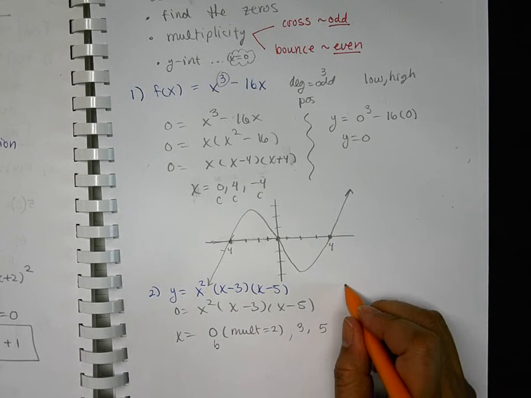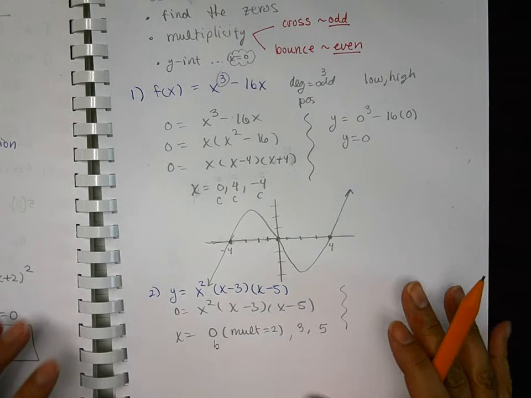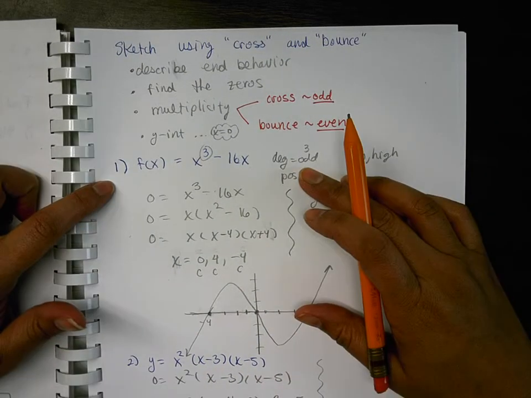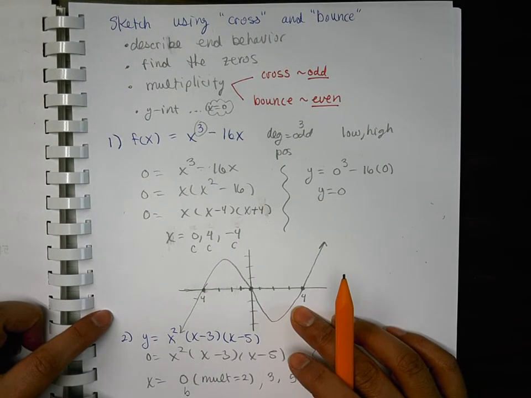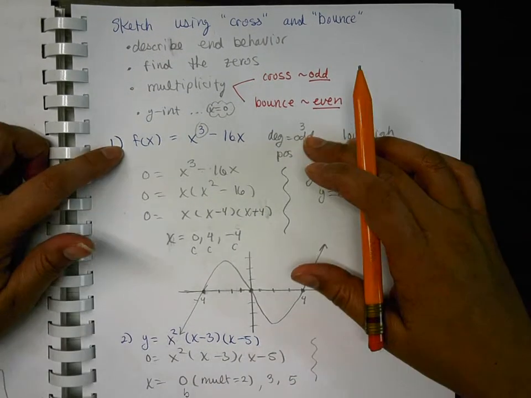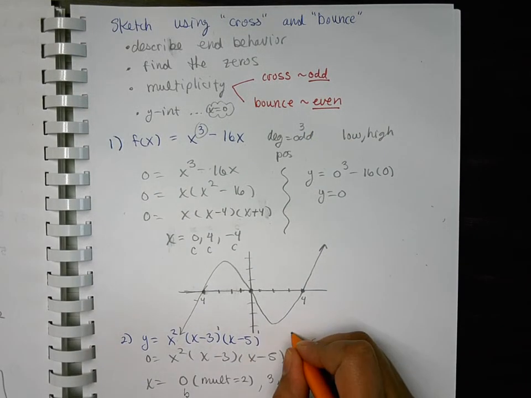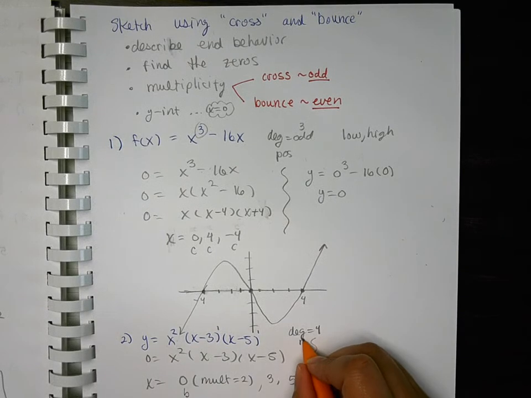Oh, I forgot to look at the end behavior. Let's do that really quick. Now, as far as finding the degree, how is number 2 different from number 1? It's in factored form, which means I do what with the exponents? Add them. Do not add them on number 1, but we do here. So what is the degree? 4, and positive or negative? What does that mean about your end behavior?